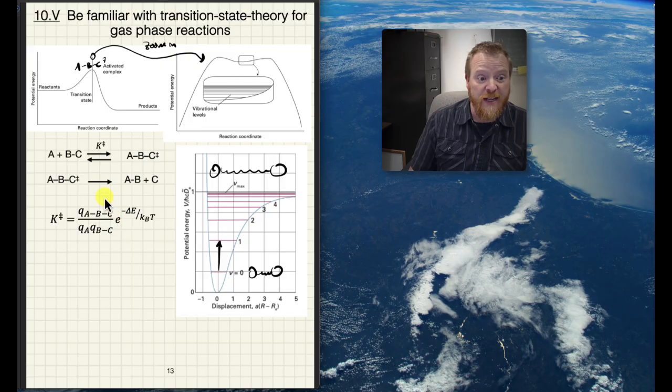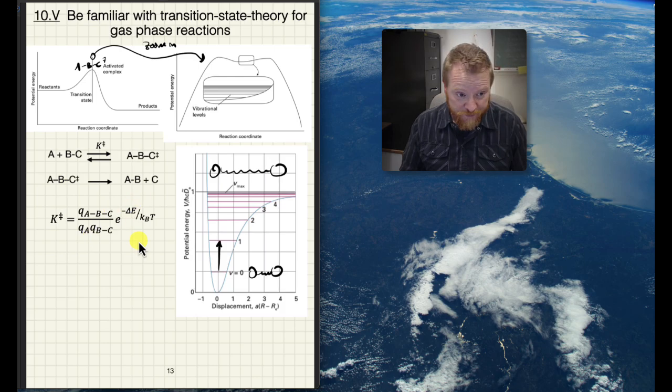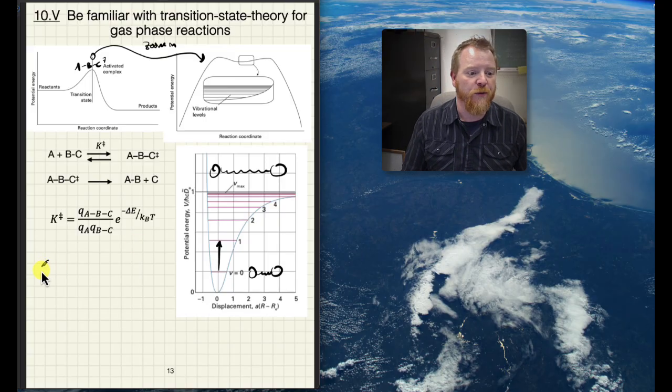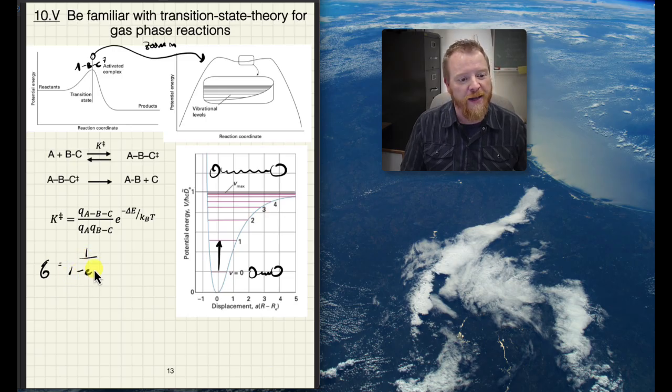So instead of it being activities of products over reactants, it's the partition function of the product over the reactant, as well as this energy contribution related to the Boltzmann distribution. Okay, so if you recall Q, these partition functions, right, they went something like this: 1 over 1 minus e to the negative delta E over kBT.